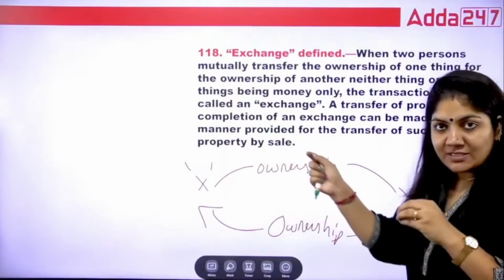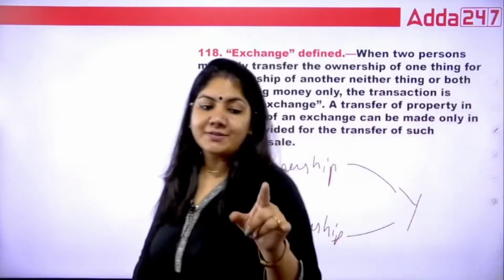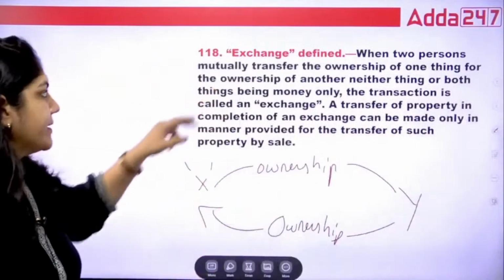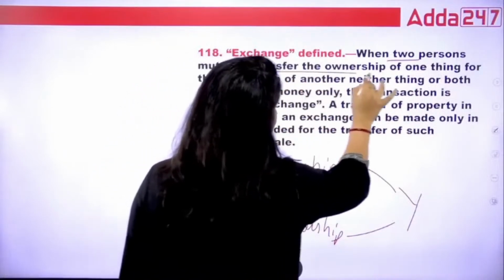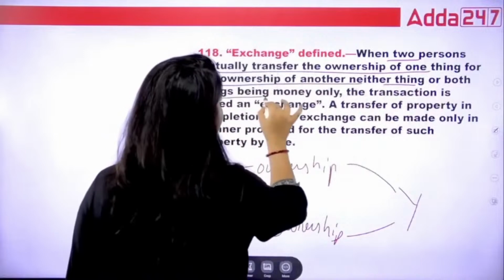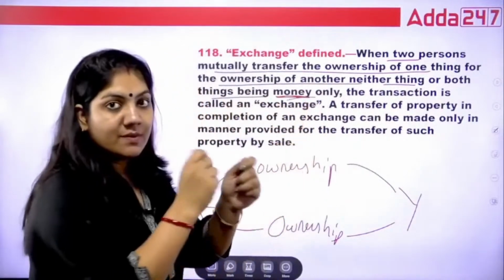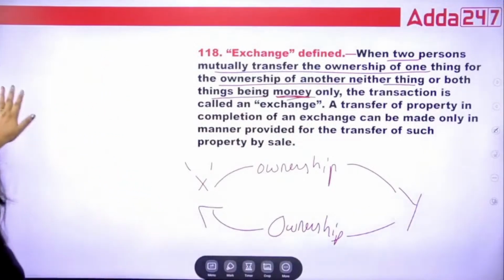X person is giving something, Y person is giving something. This is called exchange under the TP Act. When two persons mutually transfer the ownership of one thing for the ownership of another, neither thing, nor both things, being money, you cannot exchange the money. Okay? This is called exchange.